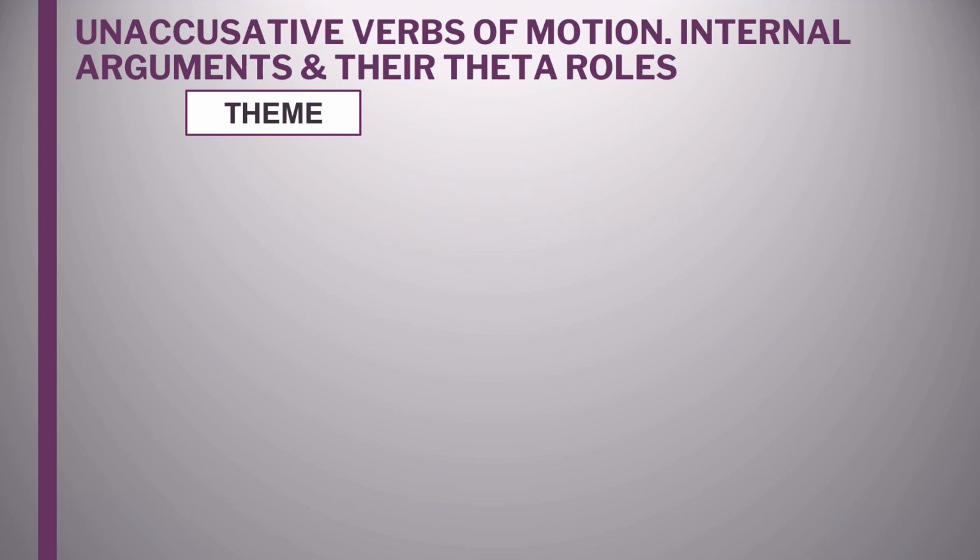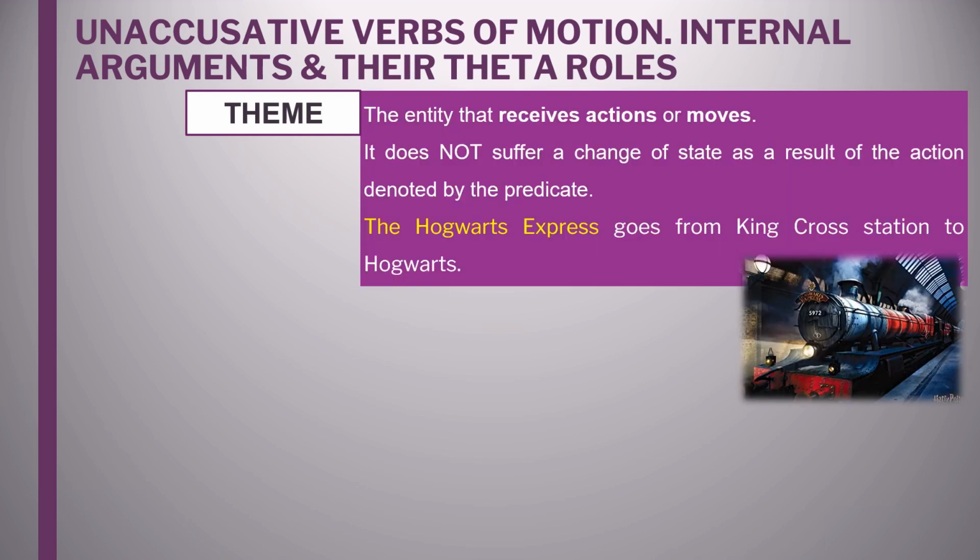As we already know, the entity that receives the action or moves is the theme. For example, in the sentence, the Hogwarts Express goes from King's Cross Station to Hogwarts. Here, the DP the Hogwarts Express does not suffer a change of state as a result of the action, but it is the entity that moves, in this case, from King's Cross Station to Hogwarts.